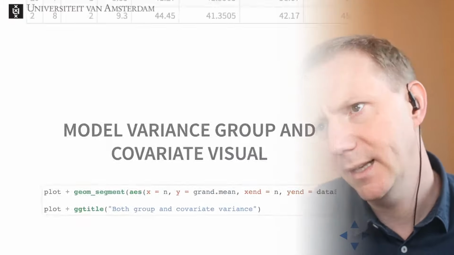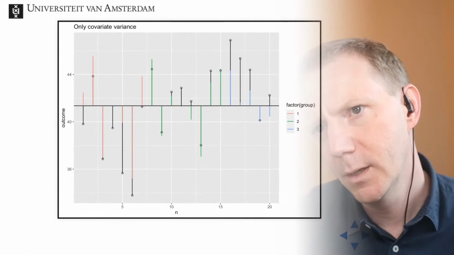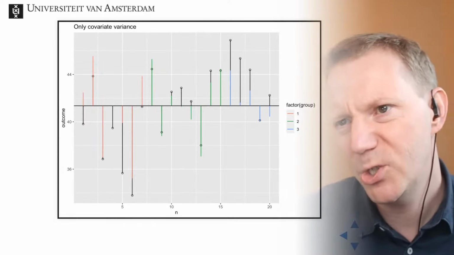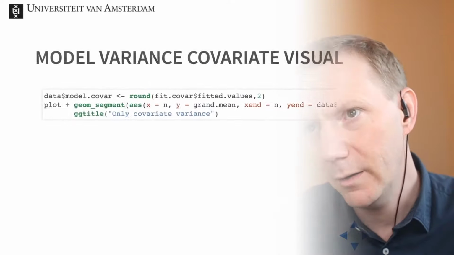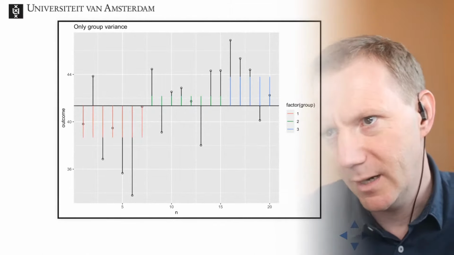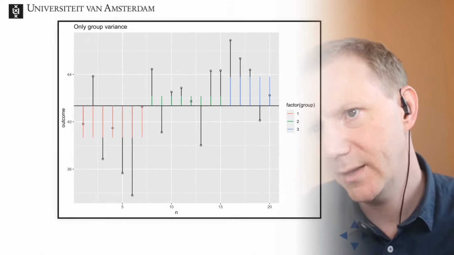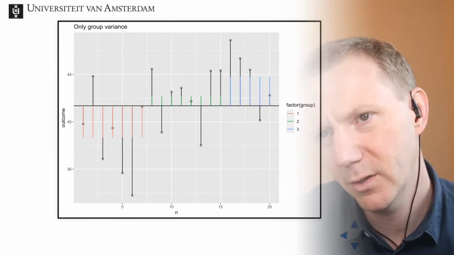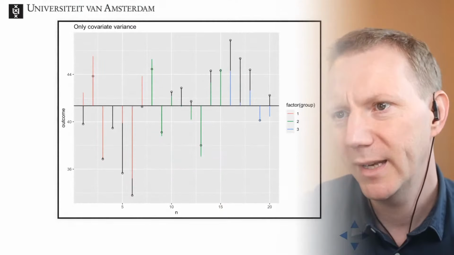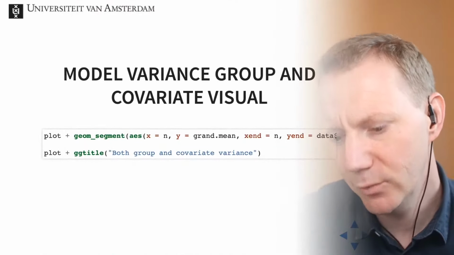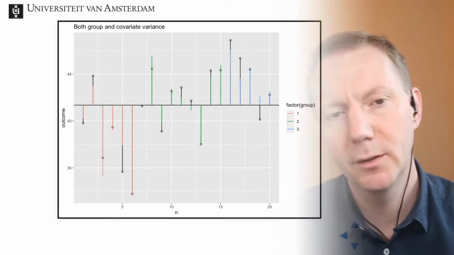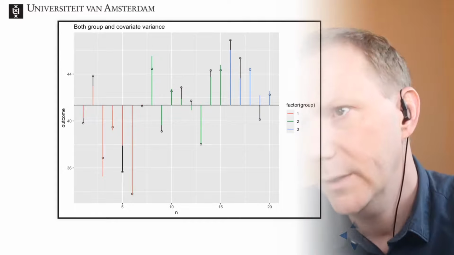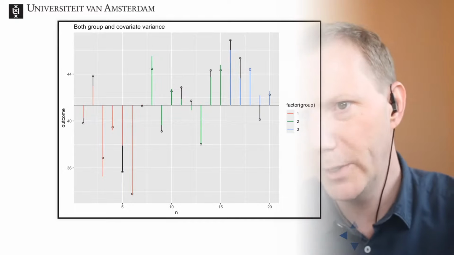So what we're seeing, at least, if we look at only our covariate, we have a few good shots, but some that are really off. If we only look at our grouping variable, we also have a few good shots, but there are also a lot that are totally in the wrong direction. But combining these into a model where we also add the covariate, now we have a complete model, and this is a pretty darn good model.